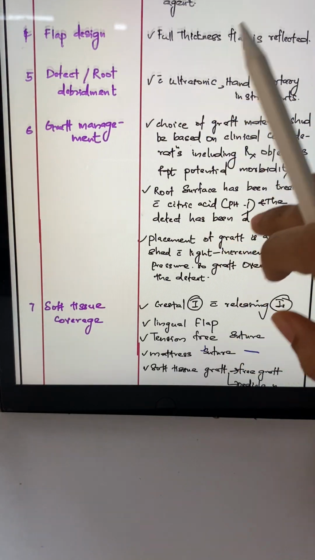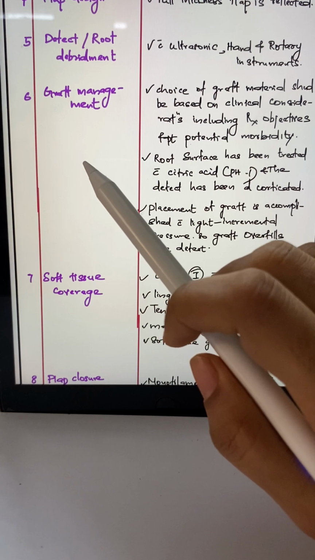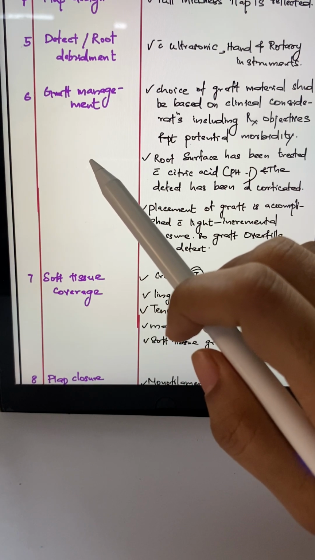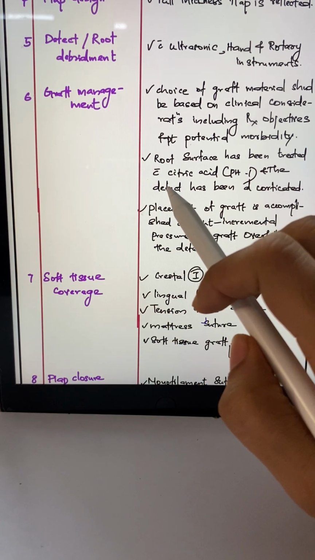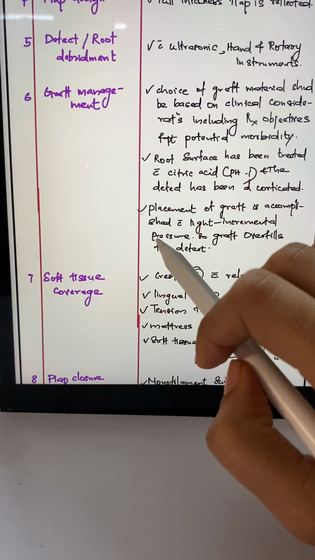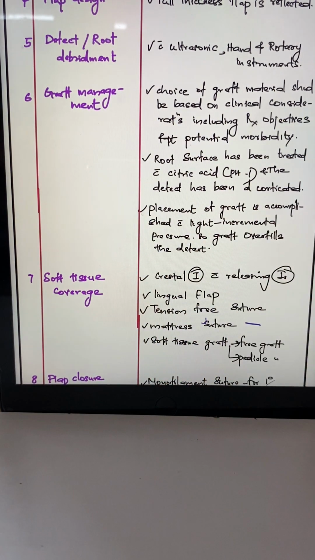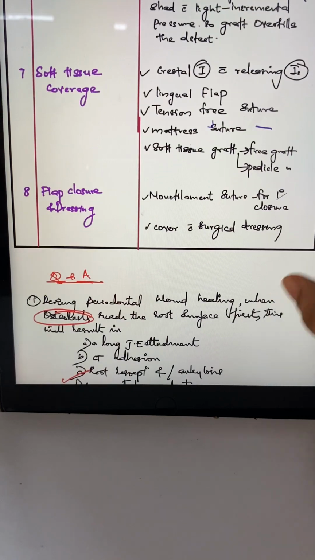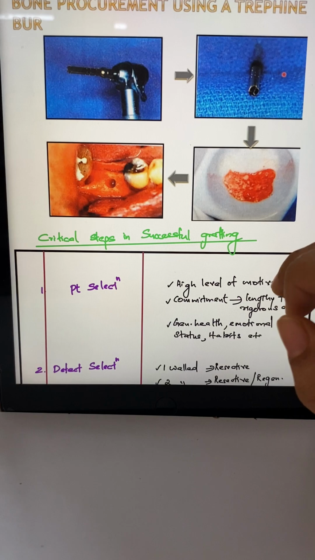And then graft management means the choice of graft material is also important, and we need to treat that root surface with citric acid. After that, we need to place the graft with light incremental pressure, so the graft overfills the defect. And after that, soft tissue coverage, flap closure and dressing. So this is the process of successful grafting.